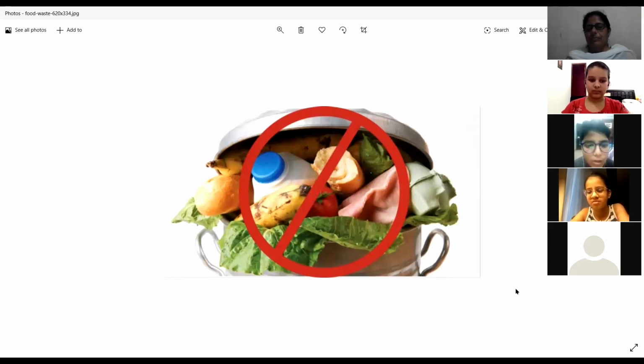If we do not want to eat the food, we should not throw it in the dustbin. Instead, we should give it to dogs or other animals, because then the food will not be wasted and it would be eaten.